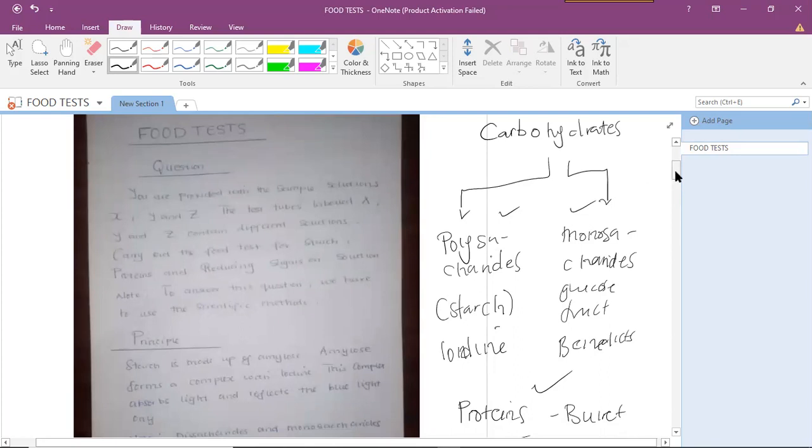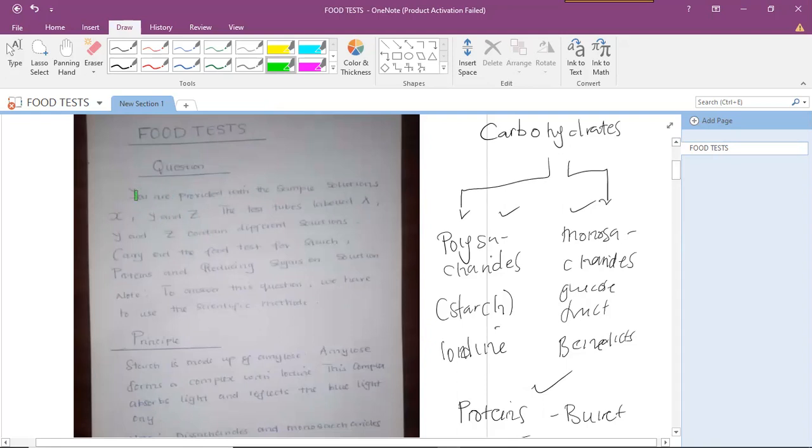All right, so let's start off with a hypothetical question that I created for your own understanding. In an exam scenario, you'll be given three solutions in various quantities, probably in three different test tubes. You'll be required to carry out maybe just one test, or sometimes you'll be required to carry out all the food tests on those three solutions that you've been given.